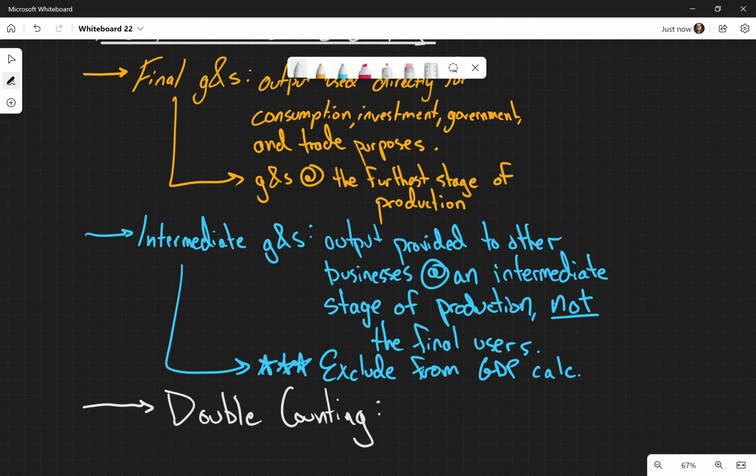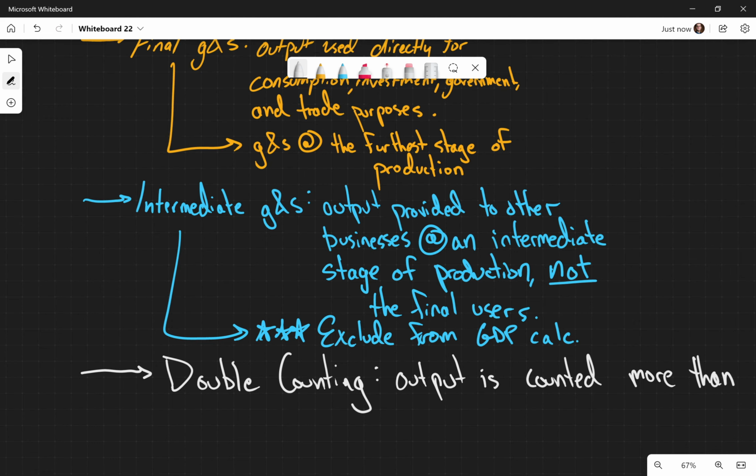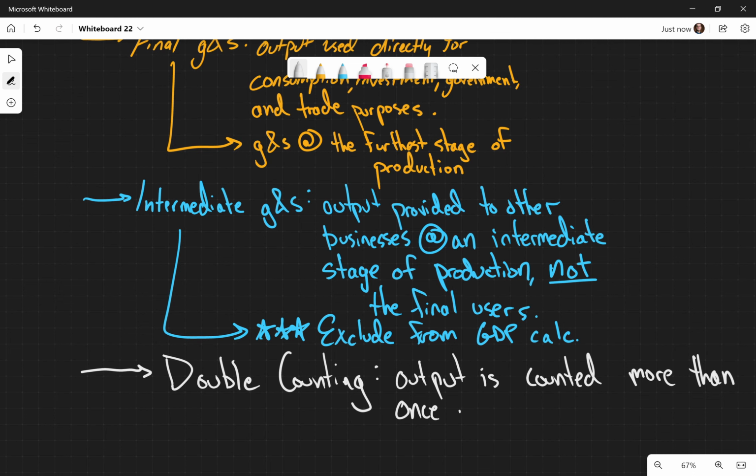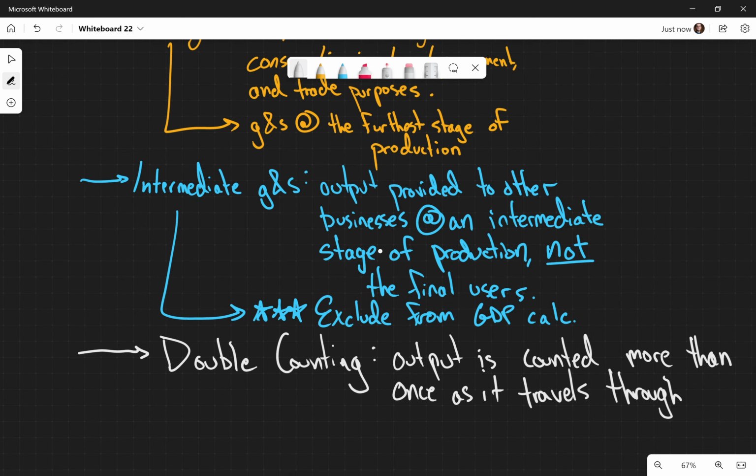So this is the flaw in GDP aggregation, where output is counted more than once as it travels through the stages of production.